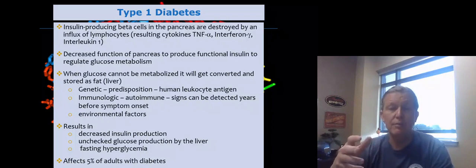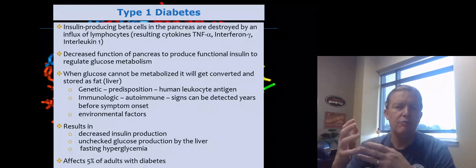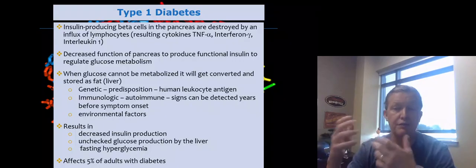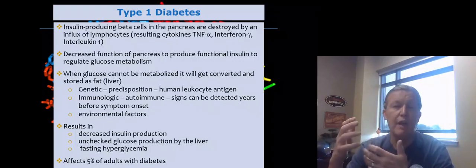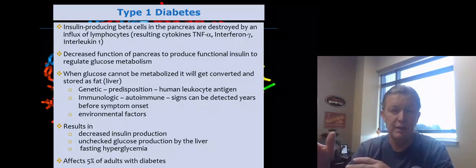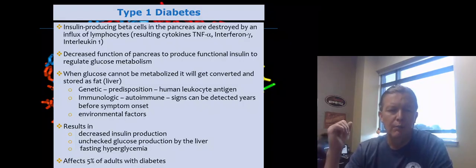They actually produce a detrimental effect on beta cells and begin to destroy them. So that then results in decreased function of the pancreas to produce functional insulin. Obviously, you've got fewer factories. You've got fewer cells that can make the insulin that you need. So you're going to have less out there in circulation.